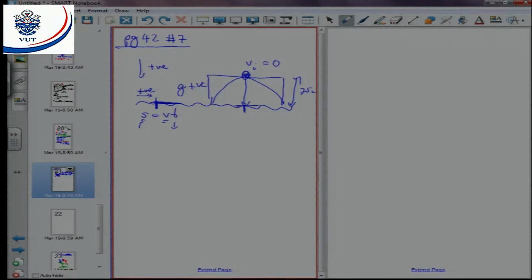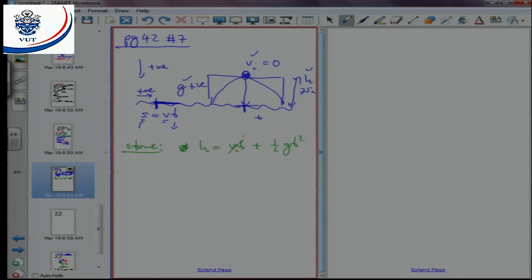So here we have H, we have Vi, and we have g. We want t. There's no Vf, so the equation of motion that we are going to use for the stone is H equals Vi t plus 1/2 g t squared.